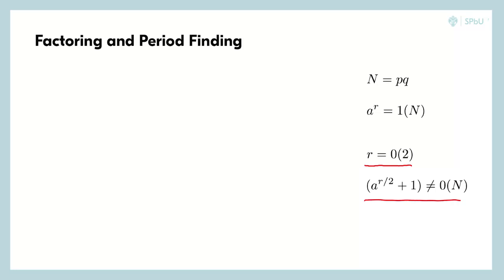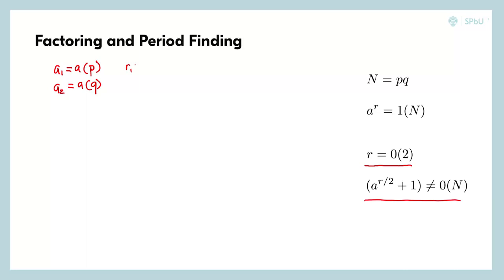Well, let's introduce two new numbers. A1 is a in the field Z modulo p, and A2 is a in the field Z modulo q. And we are going to introduce also the orders for these numbers in those fields.